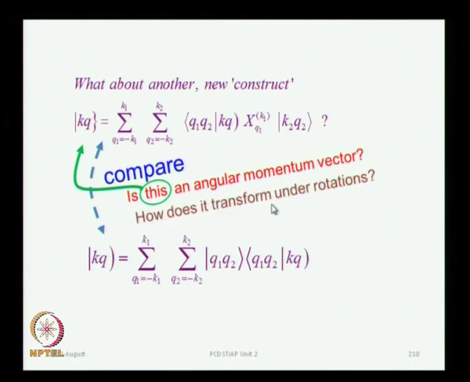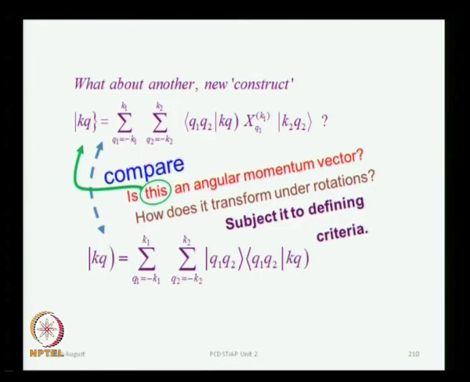Okay, that is the question that we ask, and to answer this we must examine how it transforms under rotations. So, you must subject it to rotations, subject it to the defining criterion, and find out how the response is.